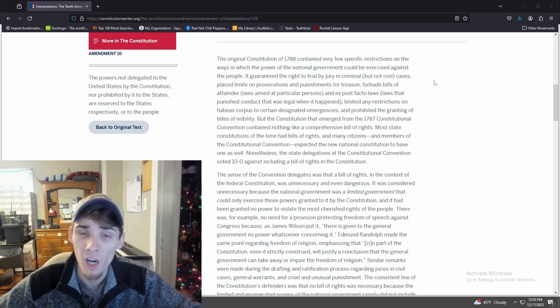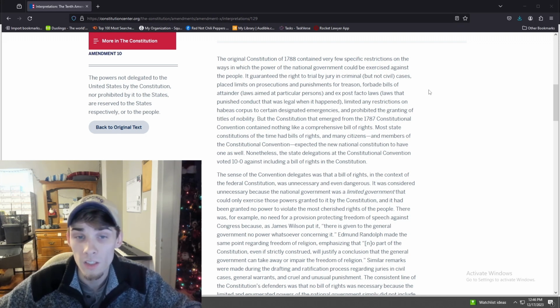It guaranteed the right to trial by jury in criminal, but not civil cases, placed limits on prosecutions and punishments for treason, forbade bills of attainder, which are laws aimed at particular persons, and ex post facto laws, which are laws that punished conduct that was legal when it happened, limited any restrictions on habeas corpus to certain designated emergencies, and prohibited the granting of titles of nobility.